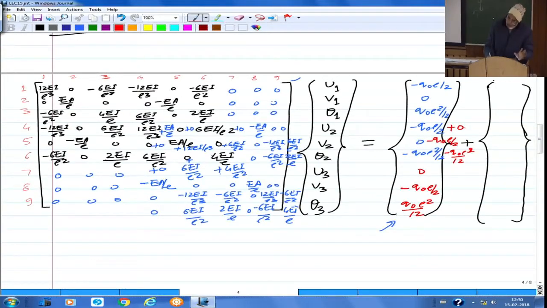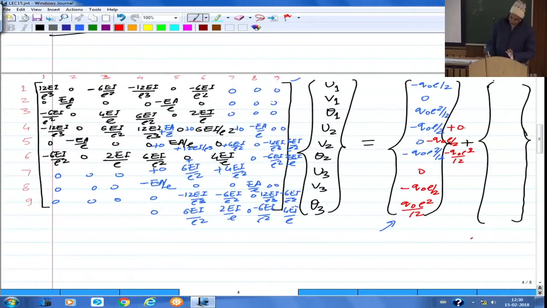This is minus of Q naught L by 2, because this Q naught is in the downward direction. This is also because of that there is a minus sign. This is 0 0. So this is the load vector in this case. Blue color is the contribution from the first element, red color is the contribution from the second element, going into the 4th, 5th, 6th, 7th, 8th and 9th rows basically.